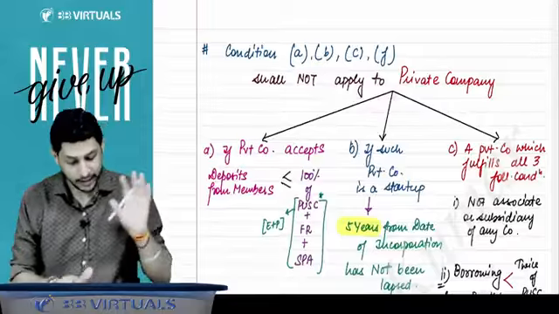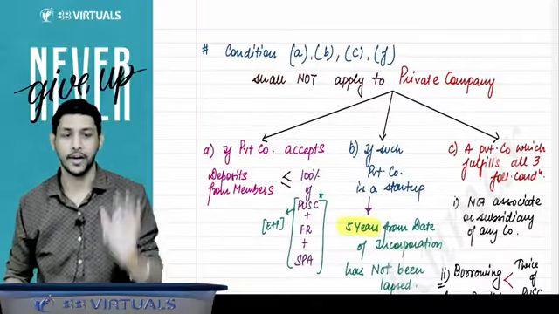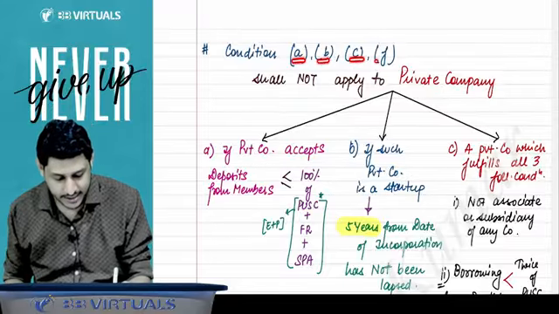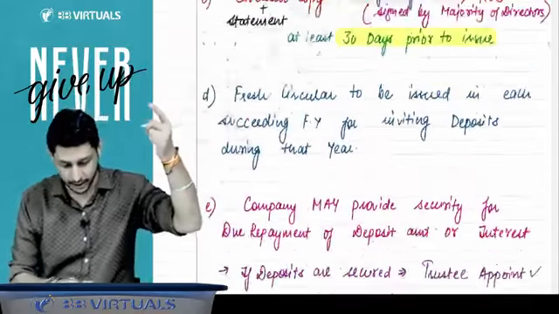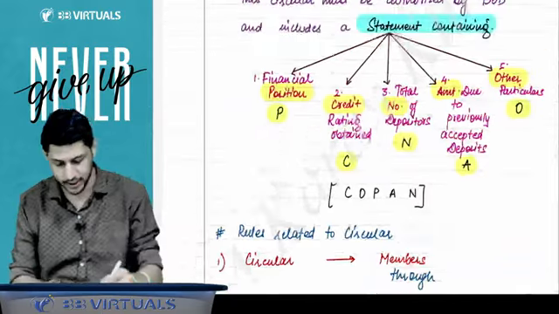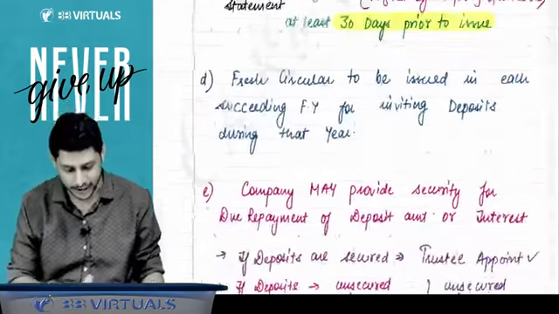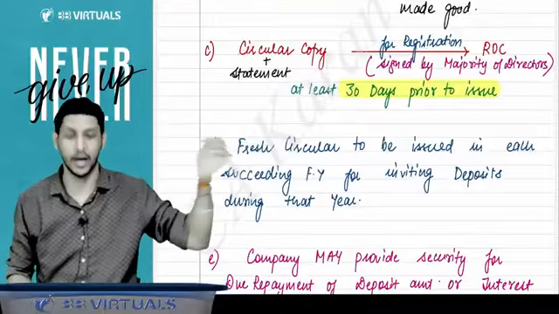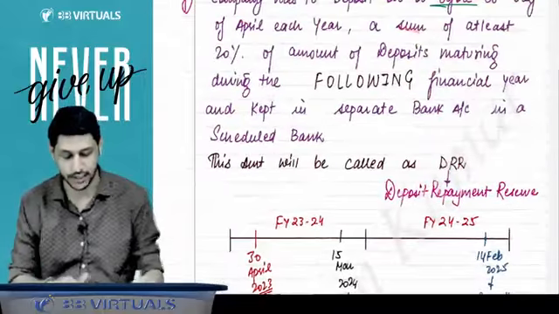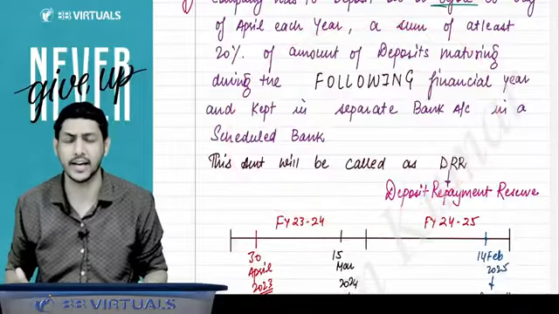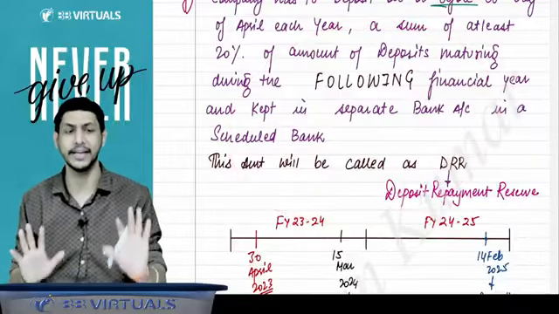Now I am going to tell you a very, very important point, about conditions A, B, C and F. Whatever I have said earlier: condition A, the issuance of circular; condition B, the certificate of statutory auditor; condition C, sending the circular to the ROC; and condition F, the deposit repayment reserve, or simply DRR.